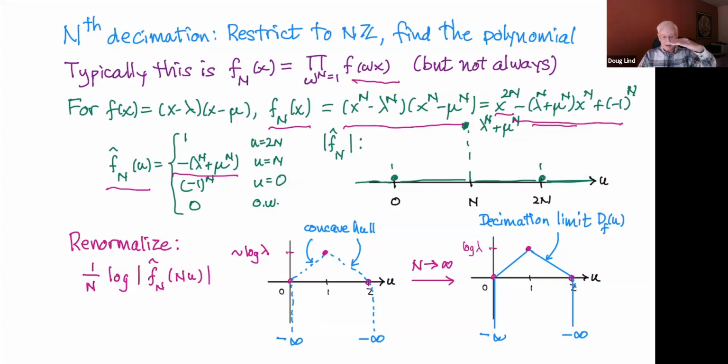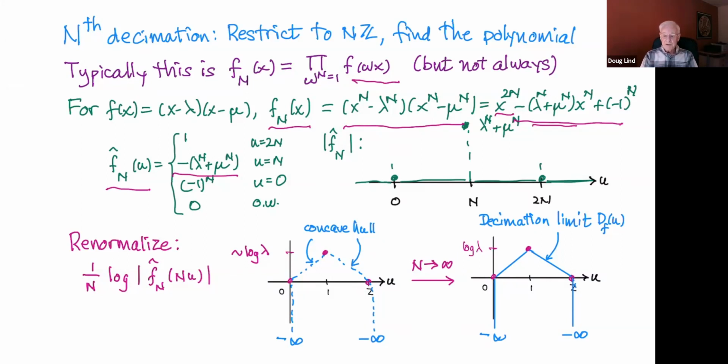And so we take an exponential limit. We take 1 over n log of the coefficient. So when you do that, in the nth case, you'll get 0 at 0. You'll get 0 at 2. These are log 1. And at 1, you'll get something which is about log lambda. It's the 1 over n log of this combination of nth powers, and mu is less than 1. And so lambda to the n minus mu to the n is essentially lambda to the n.